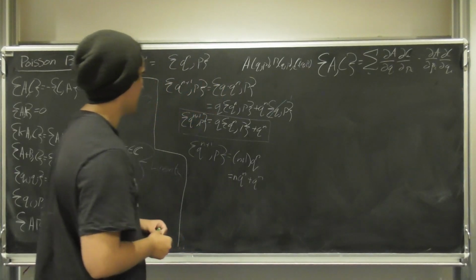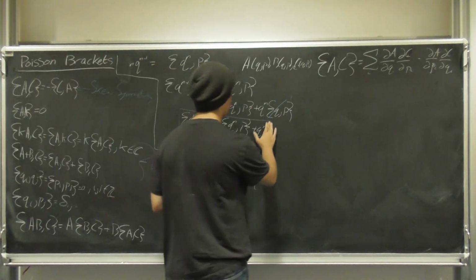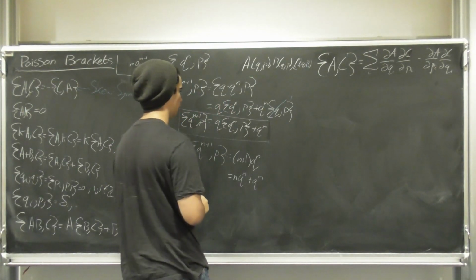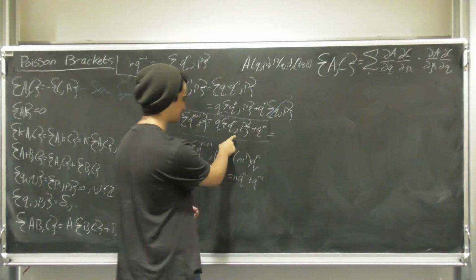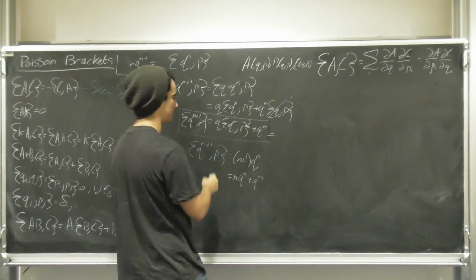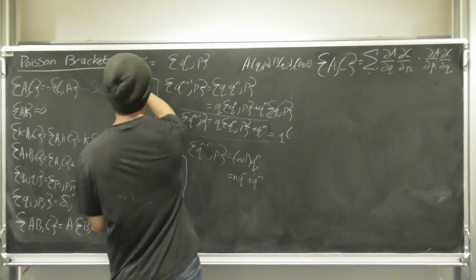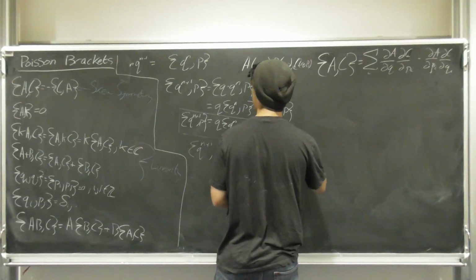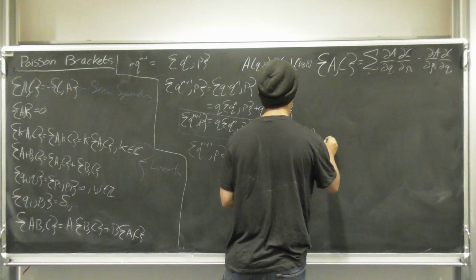Now we expand this purple box. We expand this Poisson bracket out, and we get q times, assuming this to be true, n times q to the n minus 1, plus q to the n.